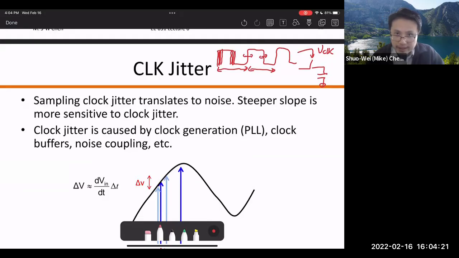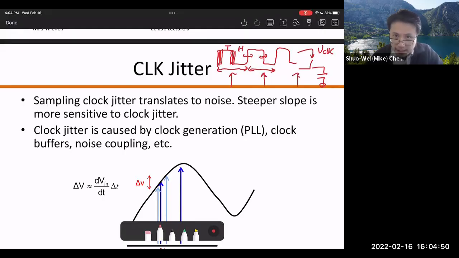This can create some problems. Do you remember when I talked about the sampling instant? If this is a MOS sampling switch, the sampling instant is when it goes from tracking mode to hold mode. That falling edge marks your sampling instant. In the ideal noiseless case, there's no problem because all the spacings are the same.